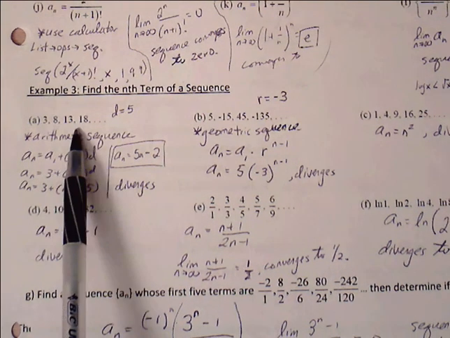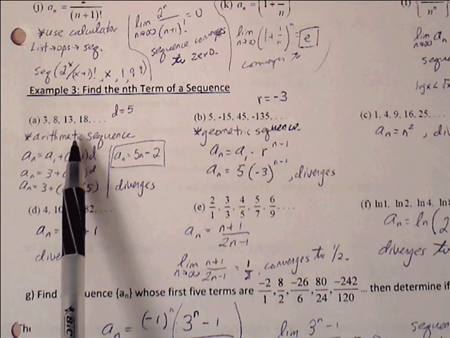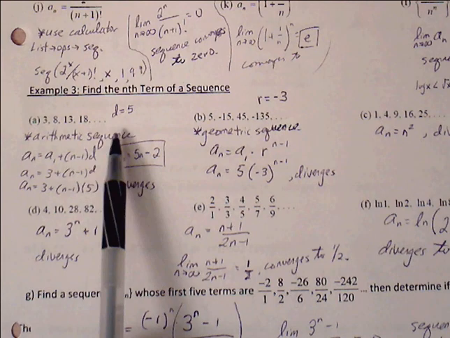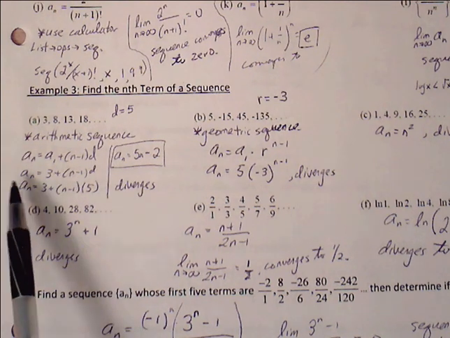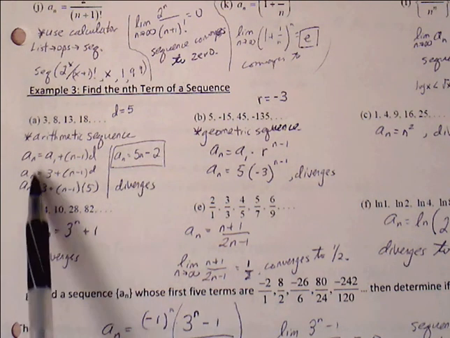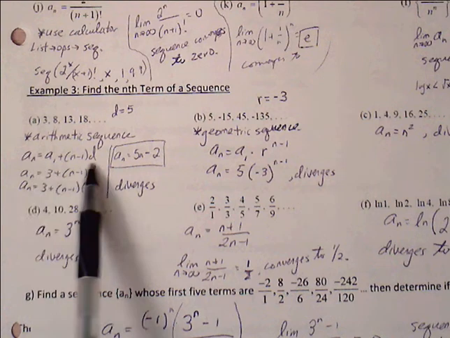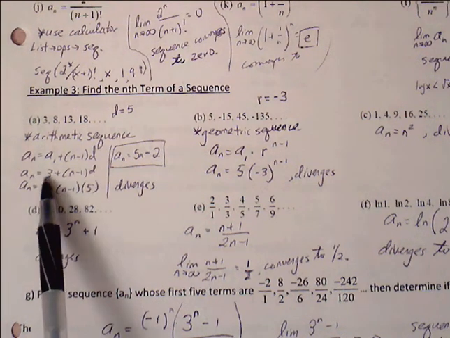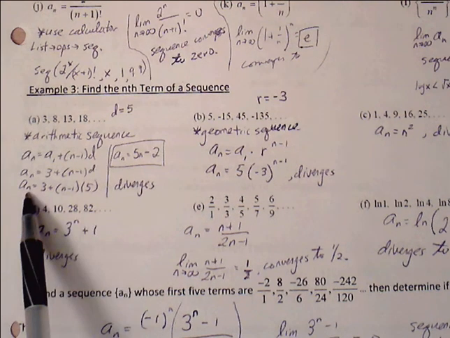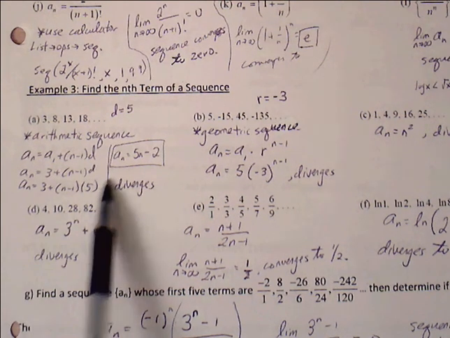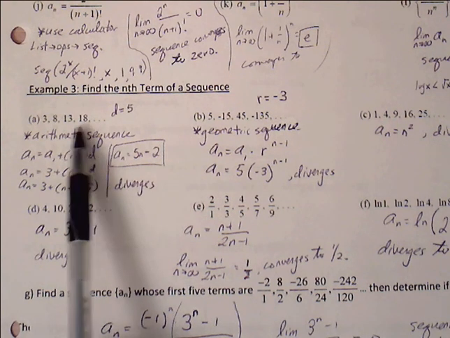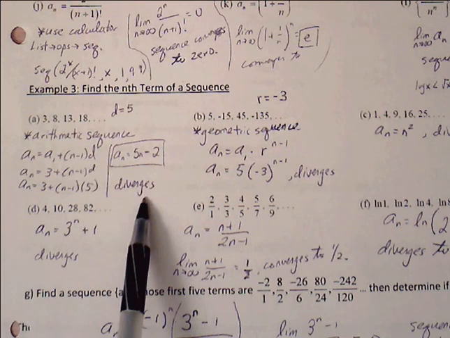These values are increasing by a constant of 5, so we can think of that as an arithmetic sequence, and the 5 being the common difference. So if we plug into our arithmetic sequence formula here, a sub 1 being 3 and d being our common difference, and if we solve for a sub n and clean this up on the right side, we get 5n minus 2. And we see that this sequence will just continue to increase to infinity, so therefore our sequence will diverge.